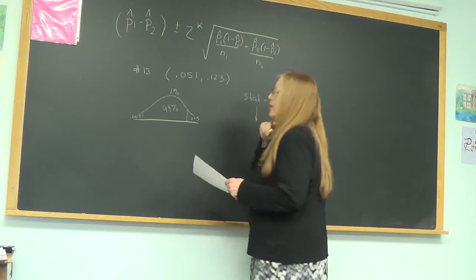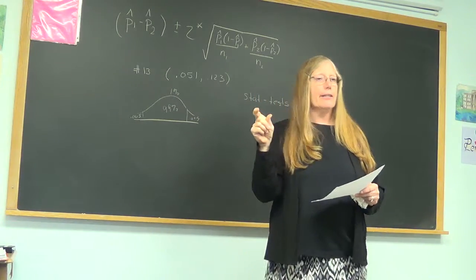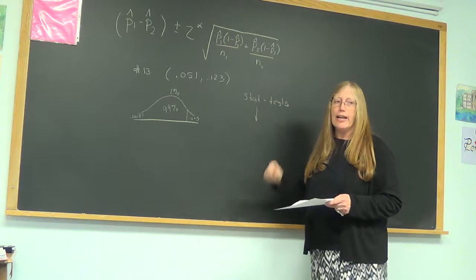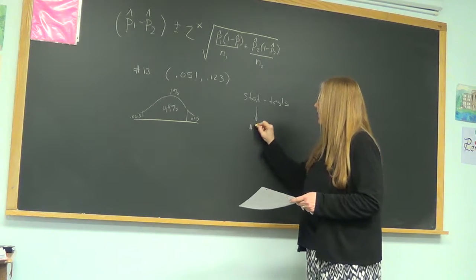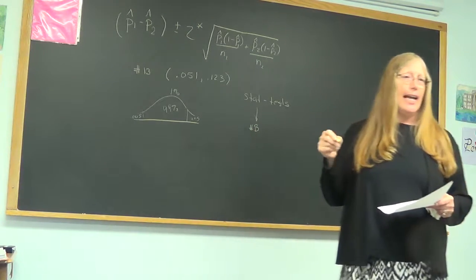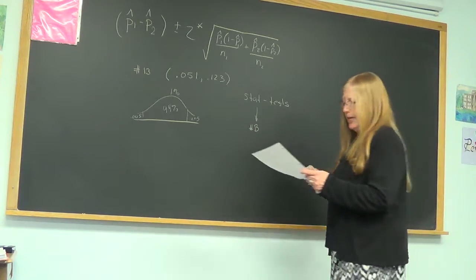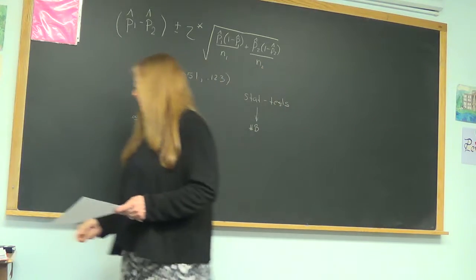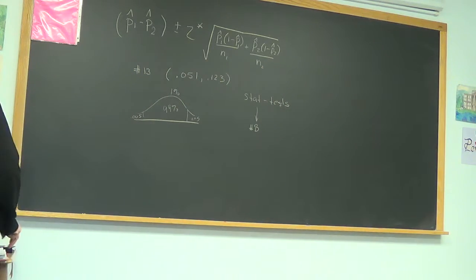You're going to have to go down to B. You know how it goes 1 through 9 or 1 through 10 and then starts A, B? We're going to go down to B. Two prop.